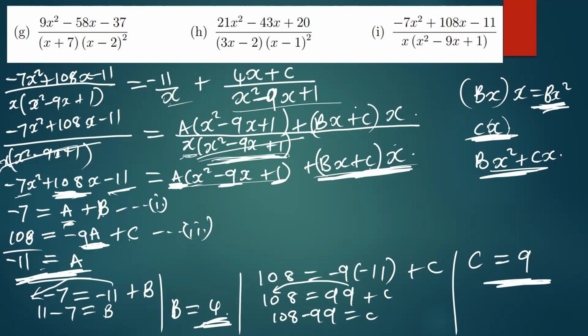So this is the final answer. It's not difficult. This is a very straightforward question. Whenever you meet partial fractions, this is something that you should always be feeling nice to solve. If you meet a partial fraction in an exam, this is a free mark. You should always count it as a free mark.